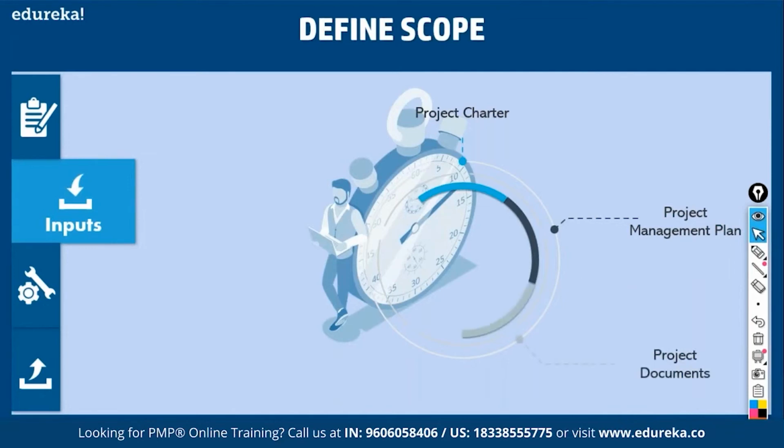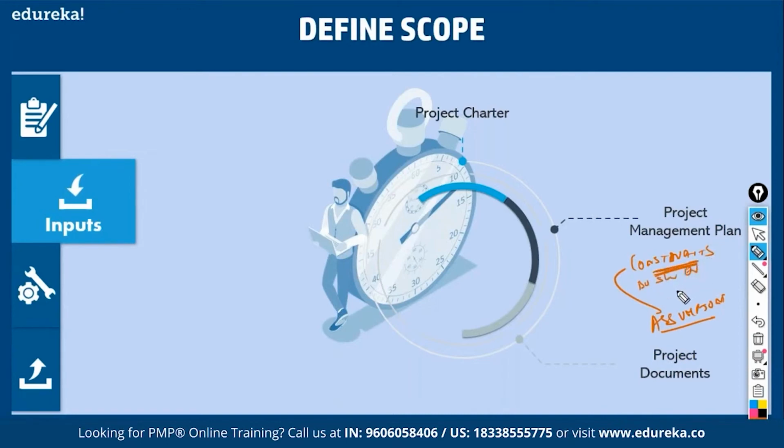Then project documents. There is a document called the assumptions log. This assumptions log contains two things. Number one, constraints. What are constraints? Constraints are limiting factors. You cannot ignore them. For example, budget is a constraint. Schedule is a constraint.